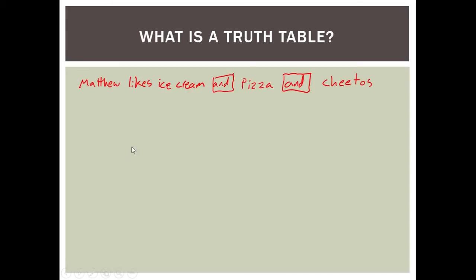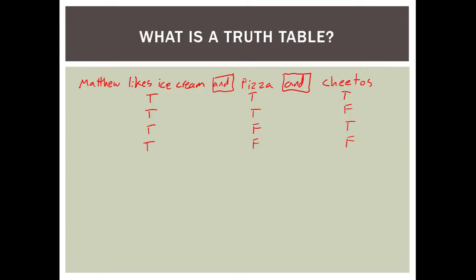So it could be true that Matthew likes ice cream, true that Matthew likes pizza, true that Matthew likes Cheetos; true, true, false; true, false, true; true, false, false.